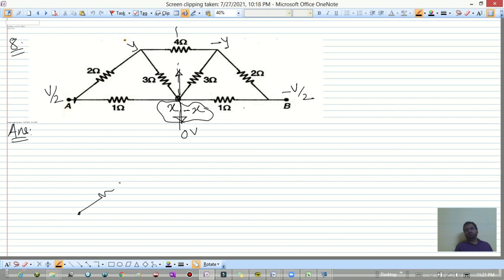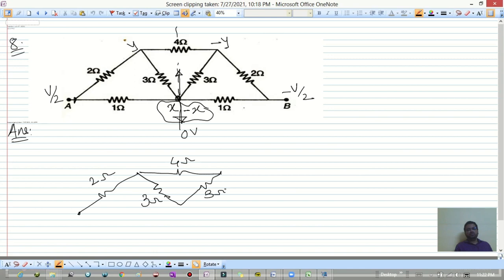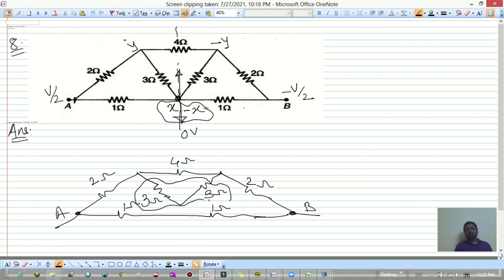So this is 2 ohm, this is 4 ohm, this is 3 ohm, this is 3 ohm, this is 2 ohm, 1 ohm, 1 ohm, this is point A and this is point B. Now this 3 ohm and 3 ohm are in series.